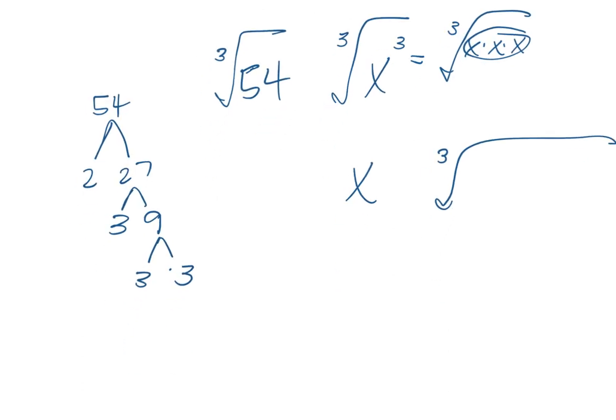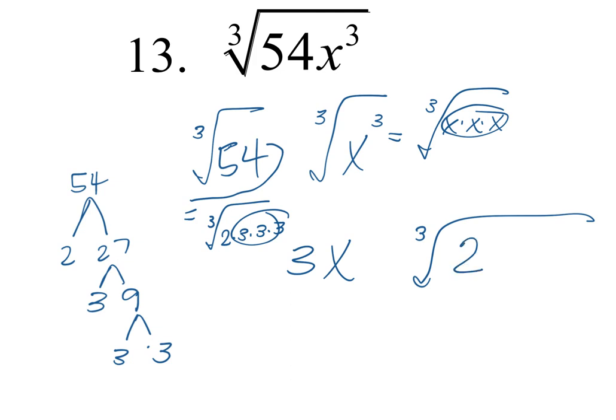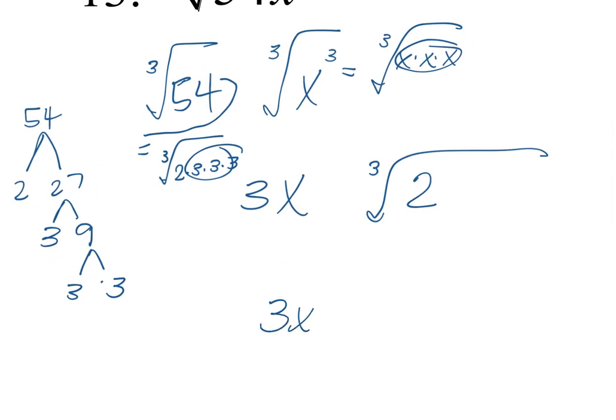So the cubed root of 54 would equal the cubed root of 2 times 3 times 3 times 3. So is there a group of 3 things that repeat? Yes, there are. That 3 comes out, and whatever doesn't repeat 3 times stays in. So 3 times the cubed root of 2.